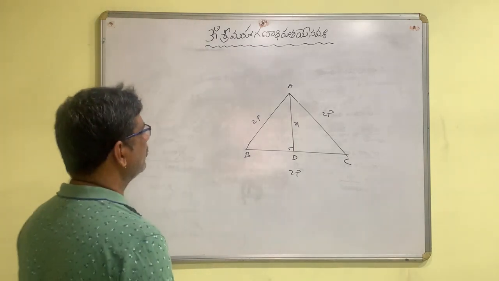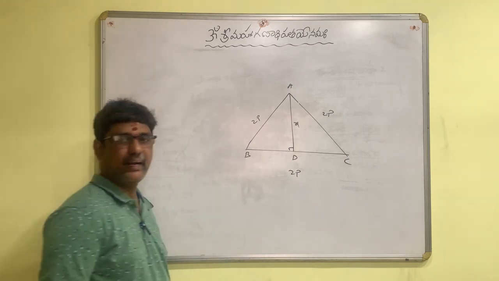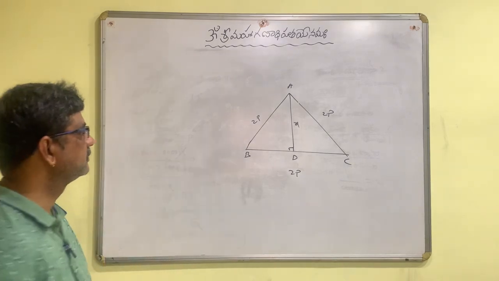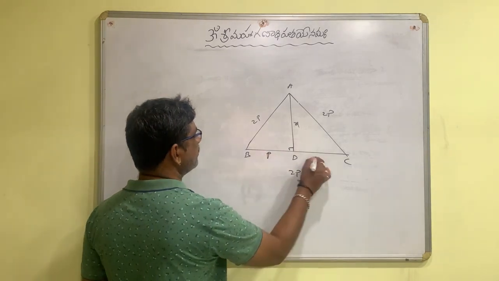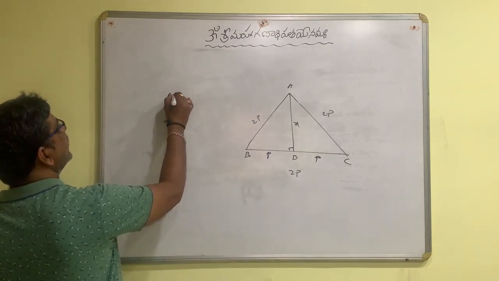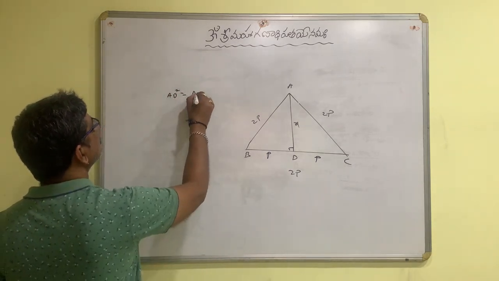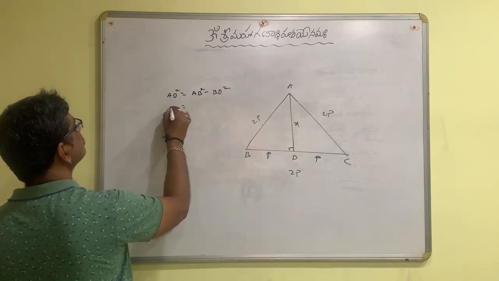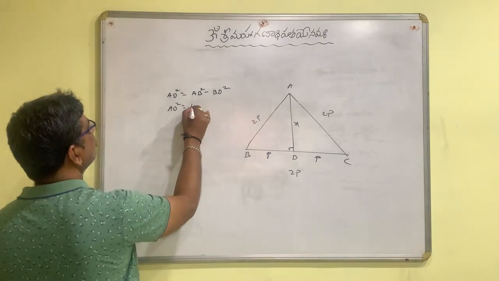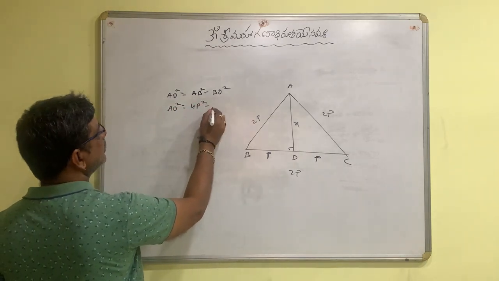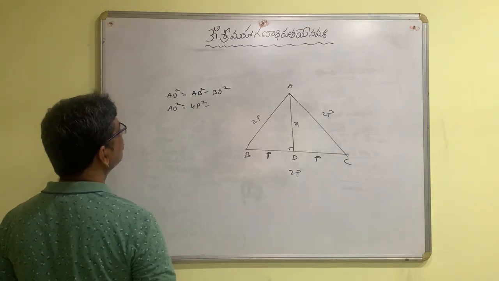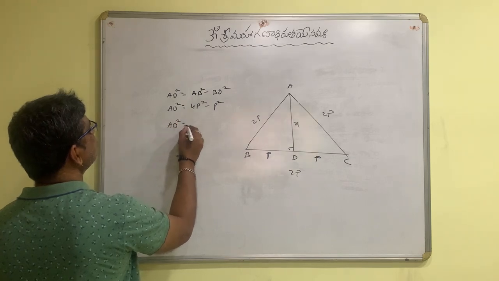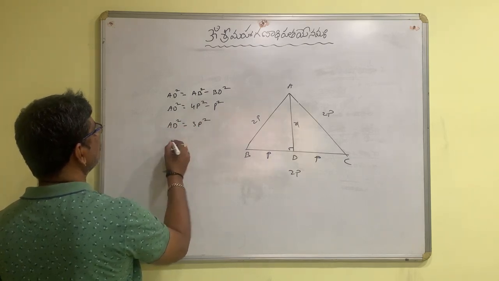Apply Pythagoras theorem. In this triangle, the altitude bisects the base, so 2p becomes p and p. Now AD square is equal to AB square minus BD square. So AD square is equal to 3p square.